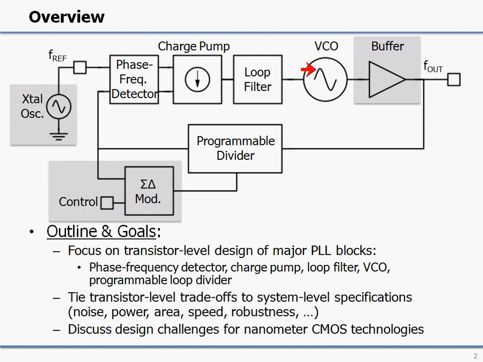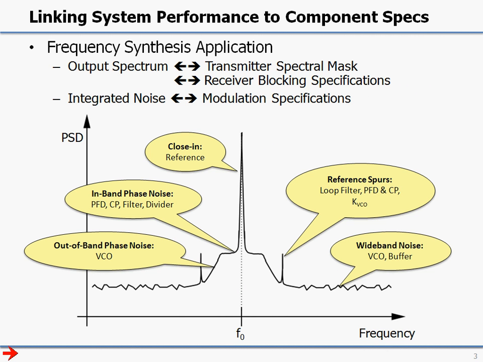Most of the time will be spent on discussing VCO design, programmable dividers, phase frequency detectors, the charge pump, and then the loop filter. I'm going to try to explain or tie transistor level trade-offs to system level specifications, and also introduce some challenges related to nanometer CMOS design of these building blocks.